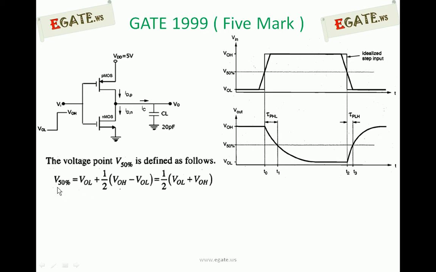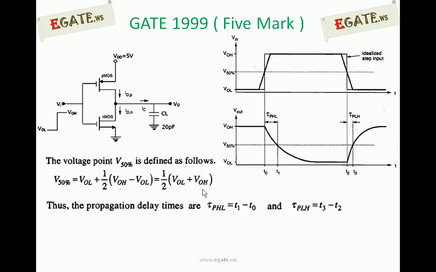We can write V50% is equal to VOL plus half of VOH minus VOL, that is, half of the peak to peak voltage plus VOL. That can be written as 1 by 2 times VOL plus VOH, the 50% point.